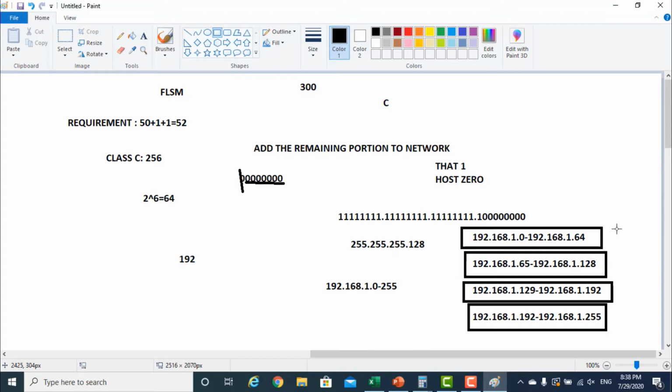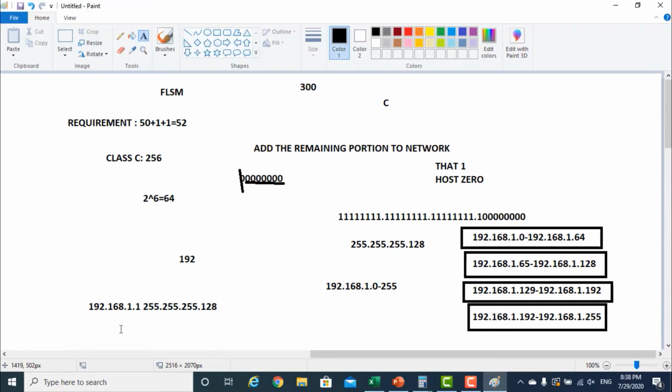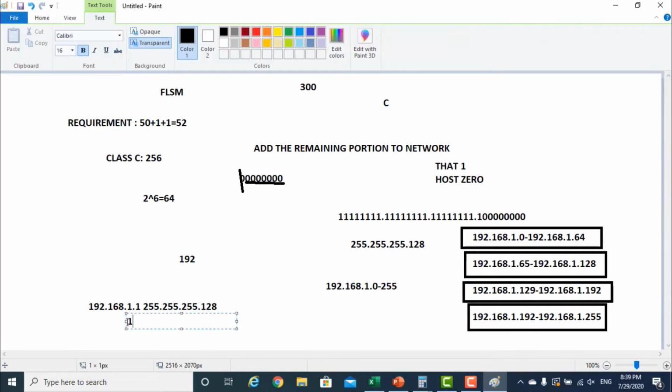Not all are valid. The valid ones are minus 2, because you should reserve one for the network ID and one for the broadcast ID. So if I say that my IP address is 192.168.1.1 and my subnet mask is 255.255.255.128, and I ask you what my network ID is, you will say 192.168.1.0 is your network ID.